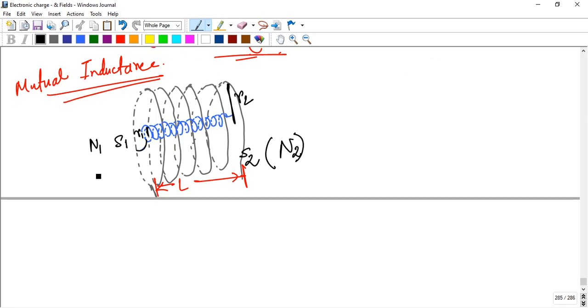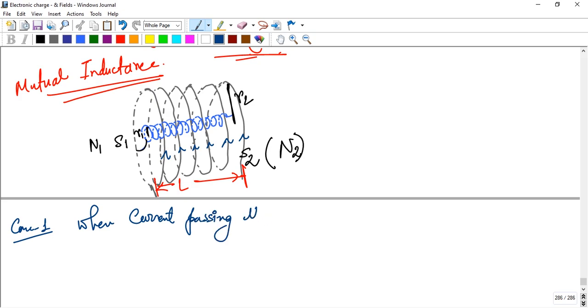Case number one: suppose current passes through the bigger coil, or bigger solenoid S2.